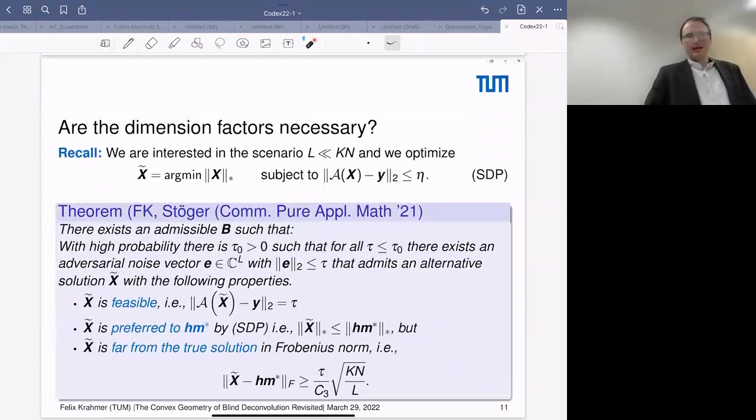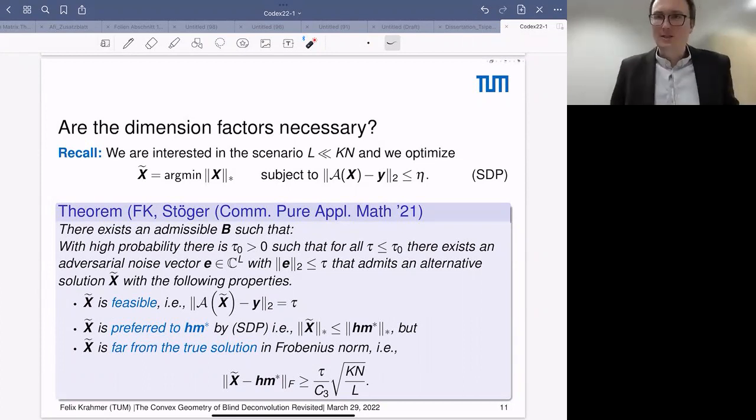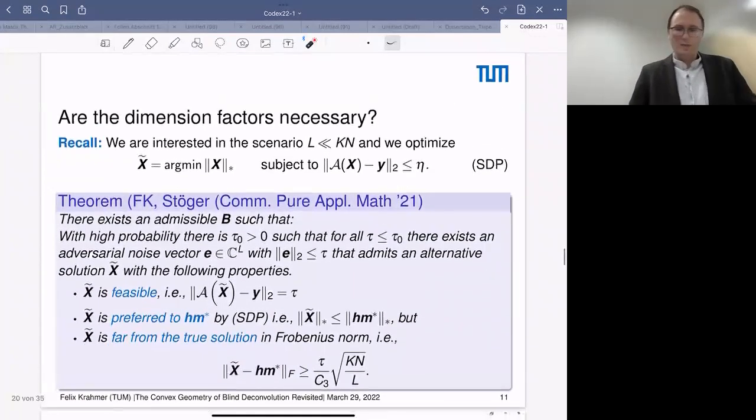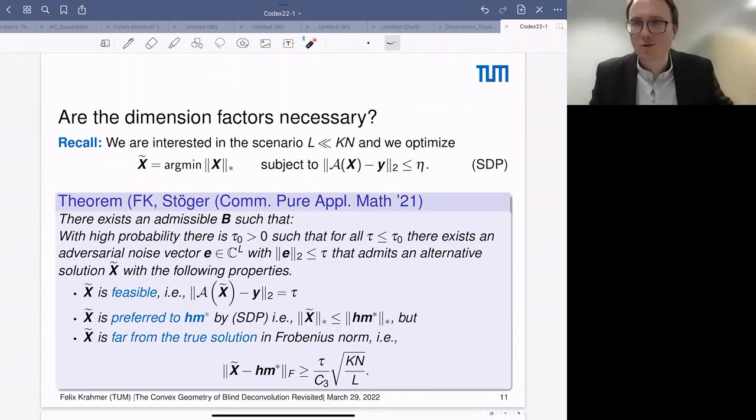And we were very surprised, because the intuition we had when we started working on the problem proved to be incorrect. Let's see what an alternative solution would need to satisfy if it's supposed to be a counterexample of the result that we are developing.